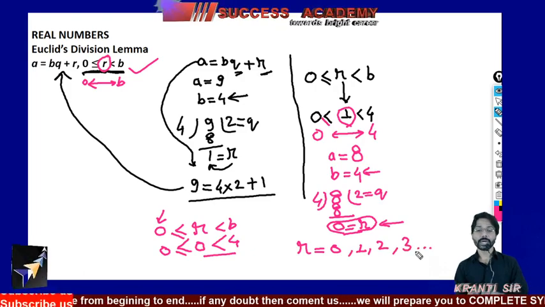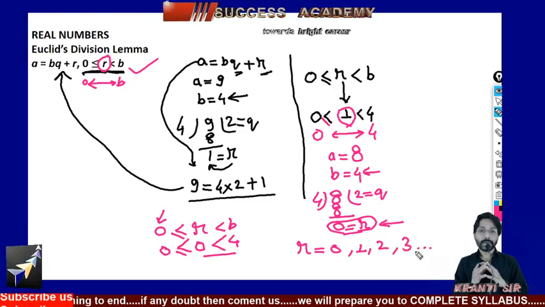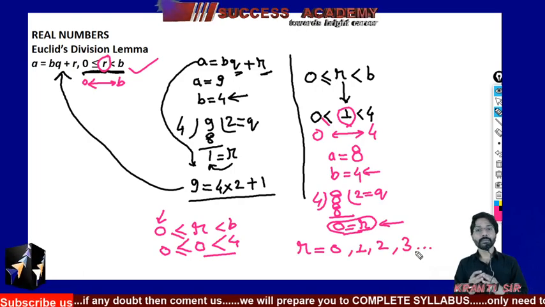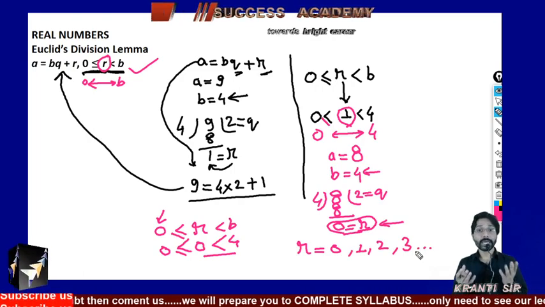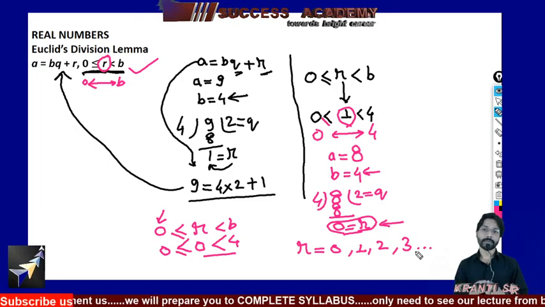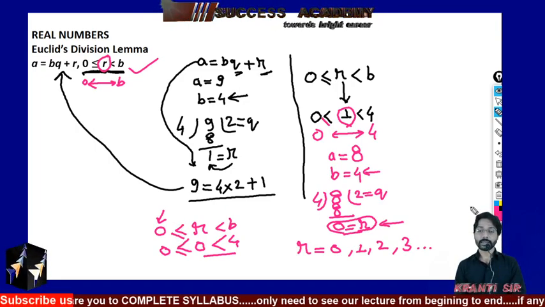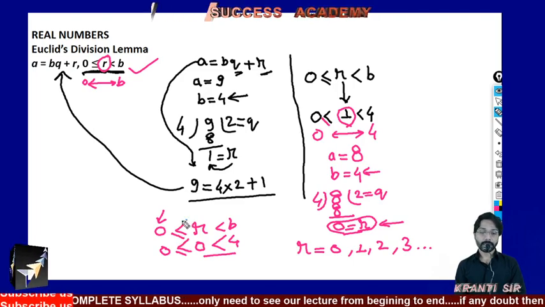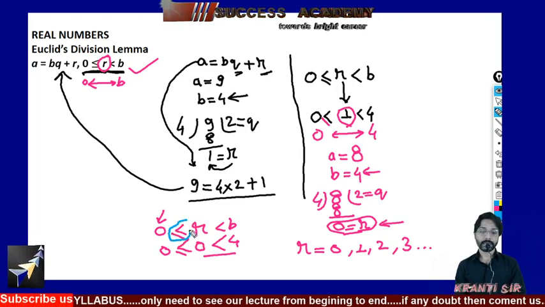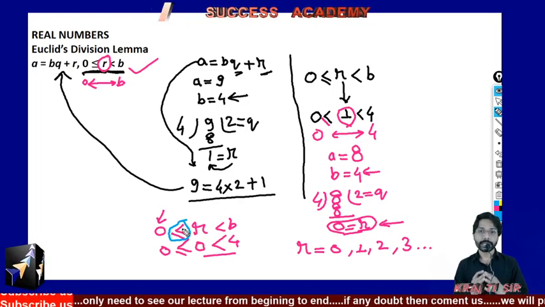It means the whole number you may get in your answer. That's why here this is the sign, less than or equal to.